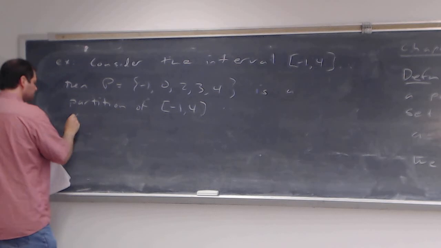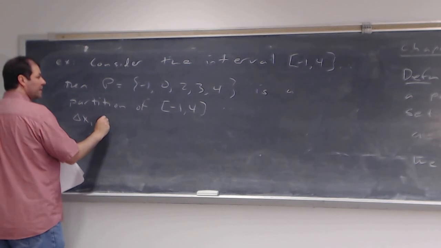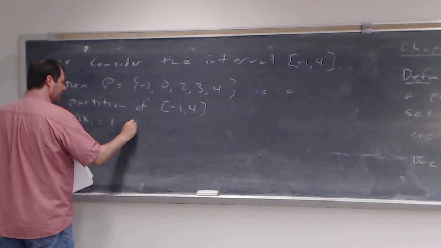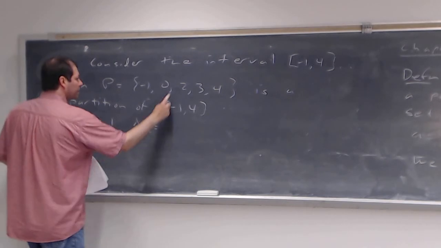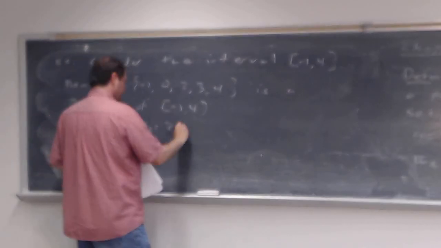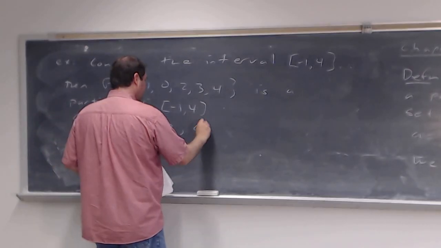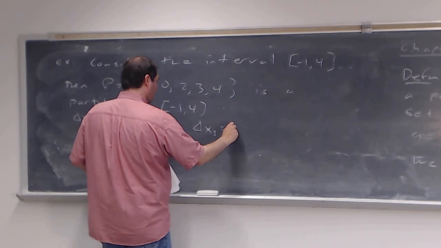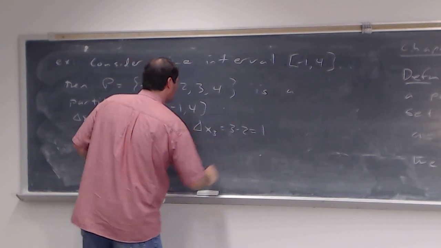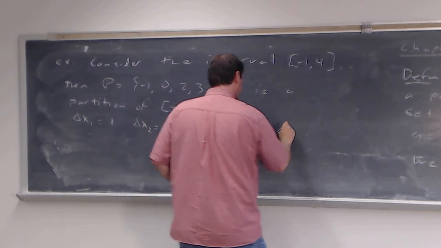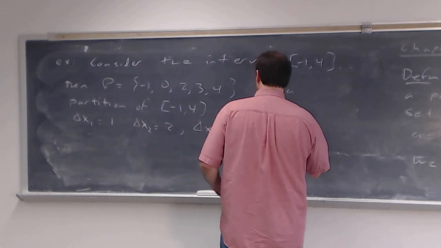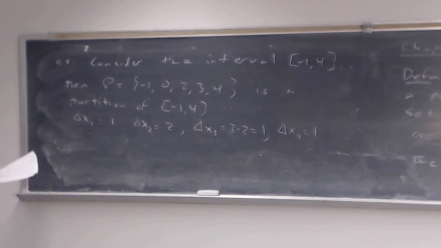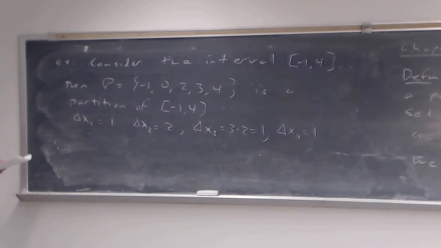And delta x sub 1 is equal to 1, this difference. Delta x sub 2 is equal to 2, this difference. Delta x sub 3 is equal to 3 minus 2, which is 1. Finally, delta x sub 4 is equal to 1. That's an example of a partition and delta x sub i's.